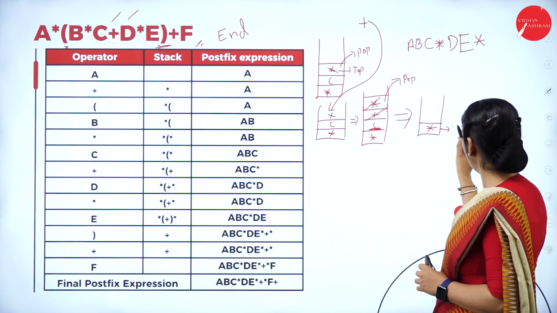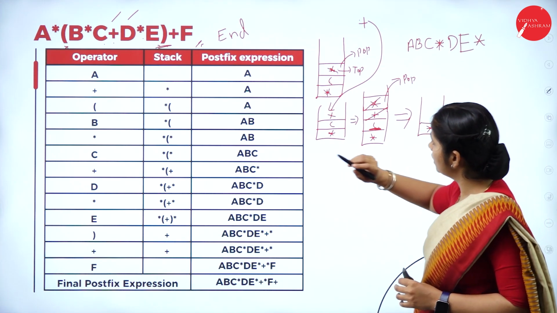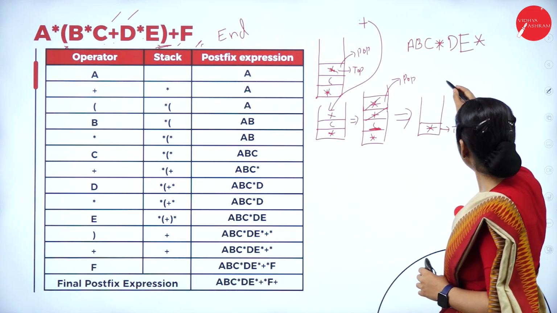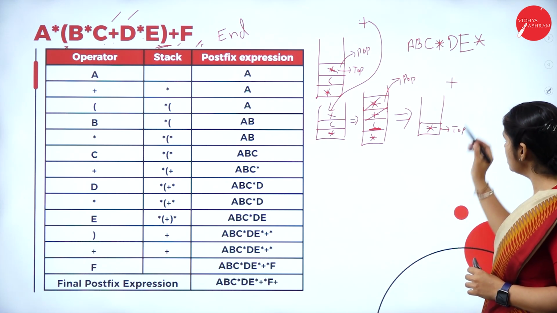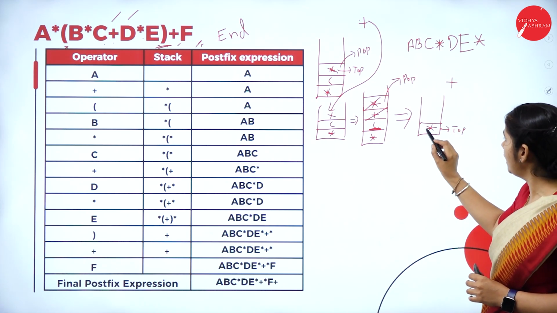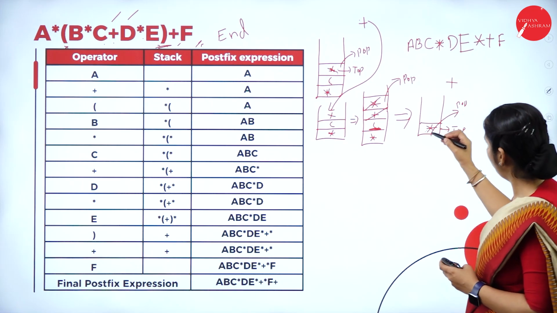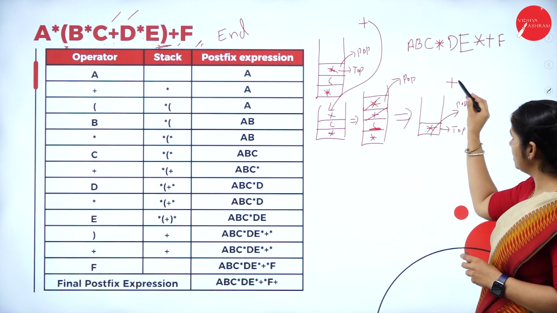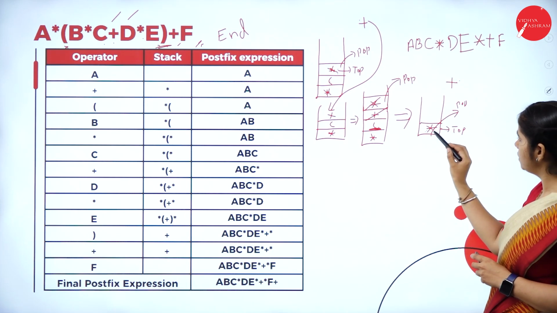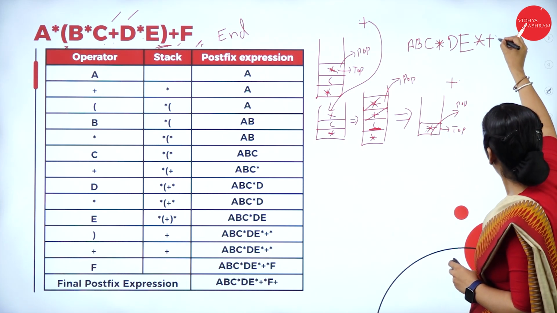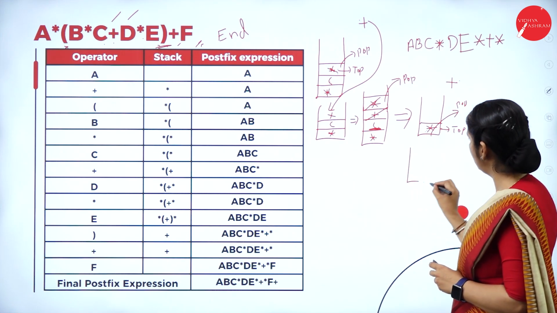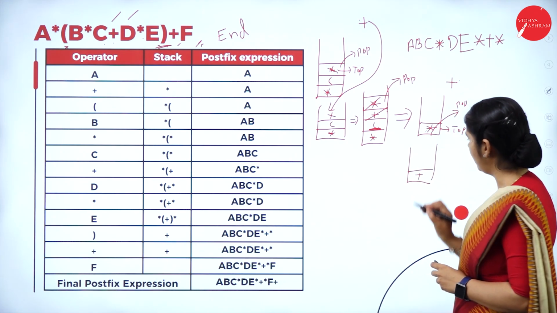Once we have a star as the top of the stack, what is the next operator? That is plus. Since plus has a lower priority than the star, what we have to do? Plus has a lower priority than the top of the stack. So we have to pop the star out of the stack, and now plus has to be inserted into the stack.